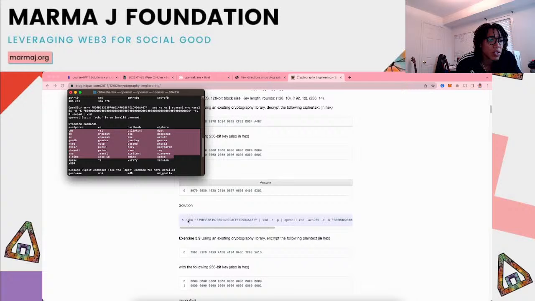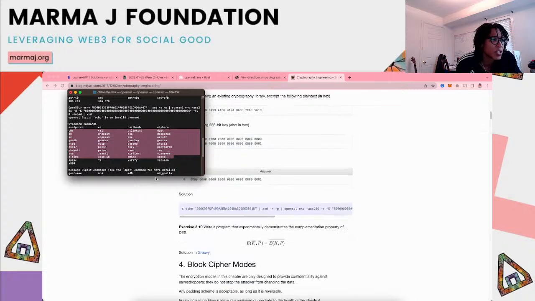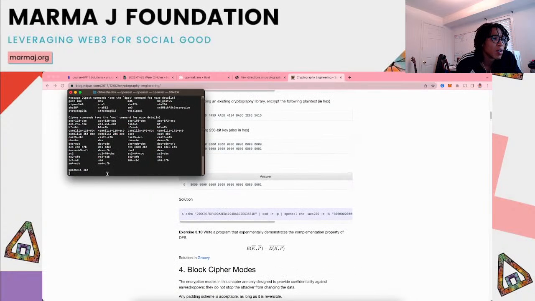Take this message and then do OpenSSL encrypt AES 256. Is there other ones? CBC, ECB, don't use that one apparently.